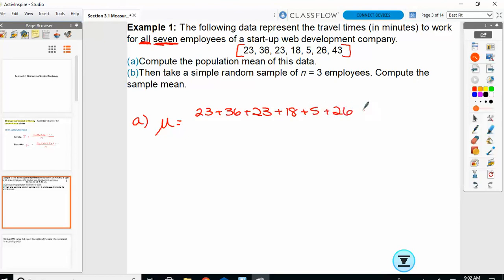You don't necessarily have to show all the work. I'm just showing you what I'm doing. And then what would I divide by? 7, because there are 7 values. All right, so everybody find that mean.